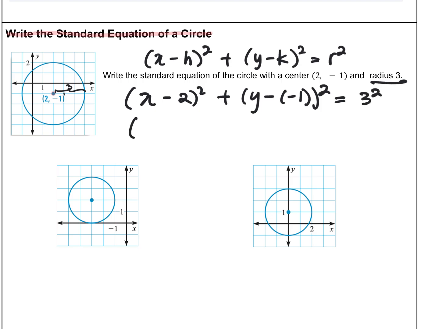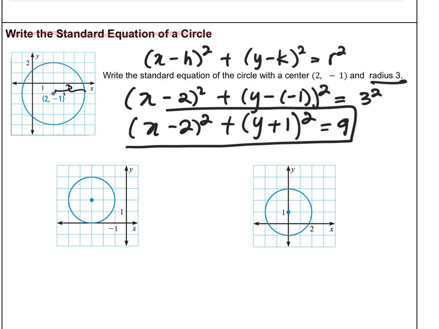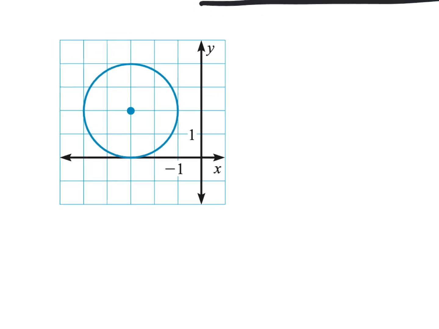Let's finalize our answer: (x - 2) squared plus (y + 1) squared is equal to 9, since a negative multiplied by a negative gives you positive 1. So this is now the equation of the circle where the center is located at (2, -1).